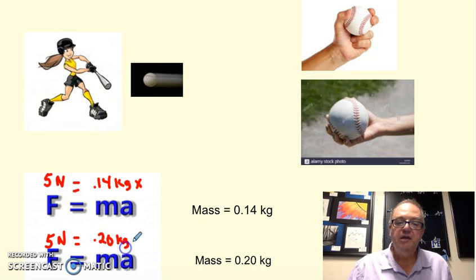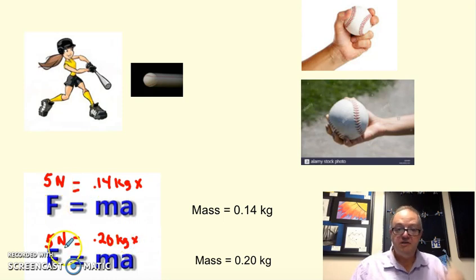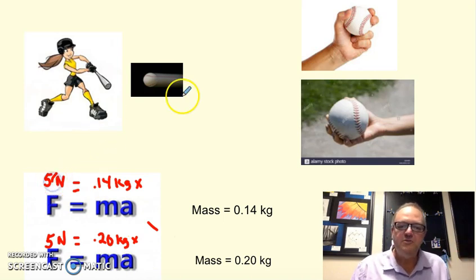If you're going to end up with the same force, if you're going to end up with 5 on both of these, that means the accelerations have to be different if he has a correct claim. So this acceleration for the baseball would have to be more than the acceleration for the softball to equal the 5. And that's kind of where this formula comes from, where this premise comes from.